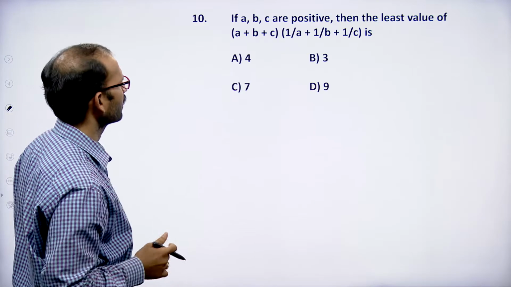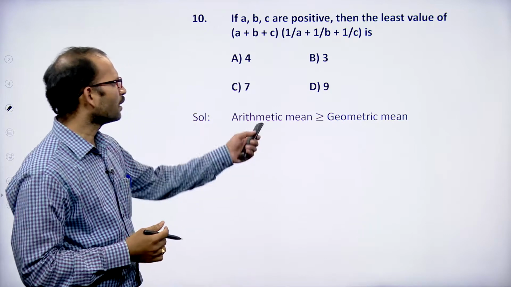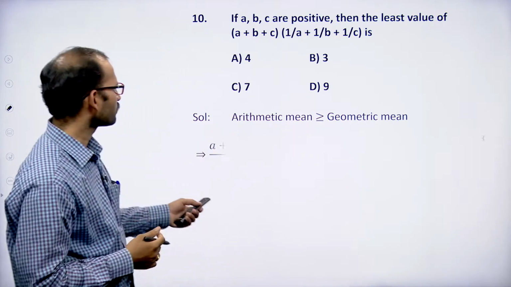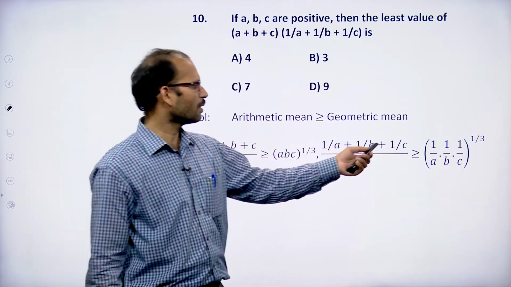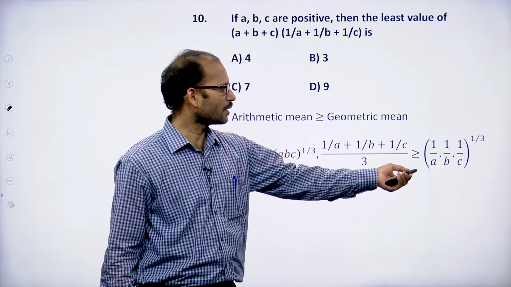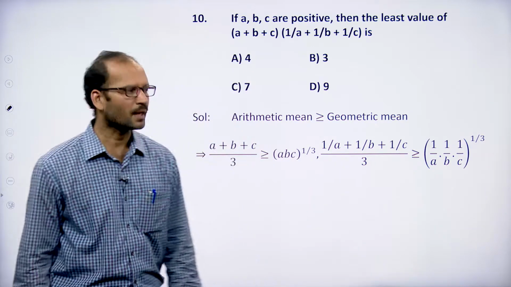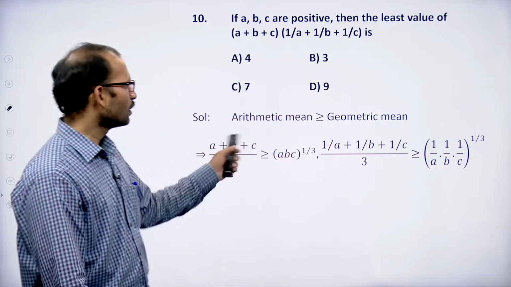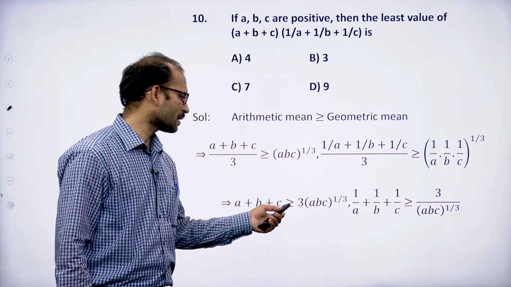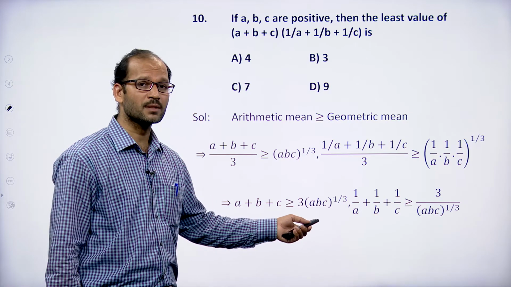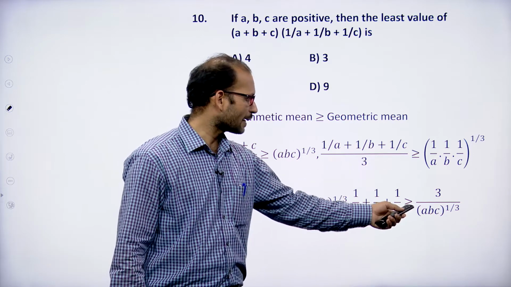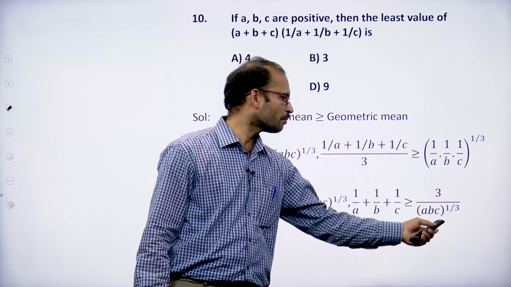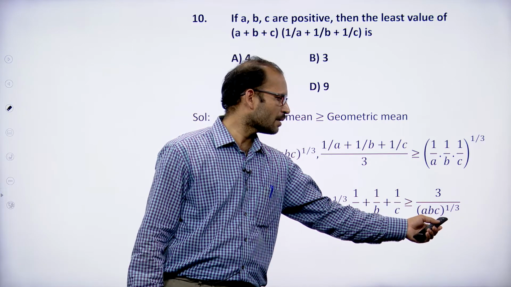See the solution. Arithmetic mean is greater than or equal to geometric mean. (a plus b plus c) by 3 is greater than or equal to cube root of abc. The sum of 1 by a, 1 by b, 1 by c, by 3, is greater than or equal to (1 by a into 1 by b into 1 by c) whole power 1 by 3. So further simplification: a plus b plus c is greater than or equal to 3 times (abc) whole power 1 by 3. 1 by a plus 1 by b plus 1 by c is greater than or equal to 3 times (1 by abc) whole power 1 by 3.